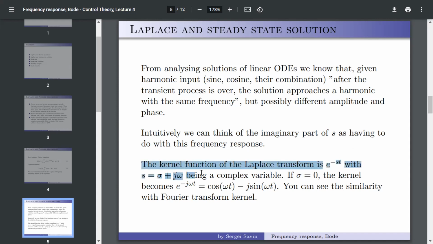Now, the kernel function for the Laplace transform, as we wrote before, is a complex variable. If we put sigma to 0, the kernel becomes this. What is putting sigma to 0? You can think about it in 2 ways.